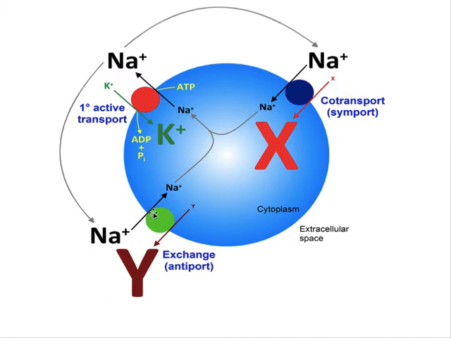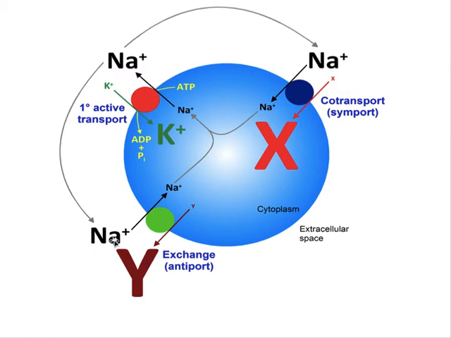So the carrier protein, when it transports sodium from outside to inside, uses the energy of the concentration gradient, and at the same time it exports the waste product from the inside to the outside. And here, why do we call it a counter transport?